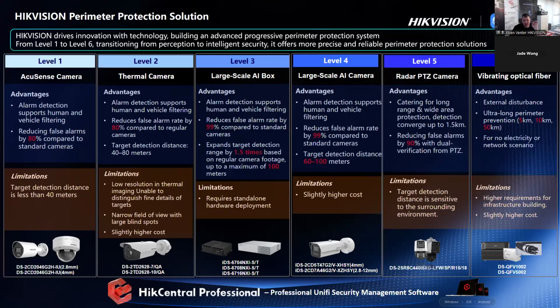Then we get into the large scale AI cameras. In those large scale AI cameras, again, the technology is built into the cameras themselves and not the recorder. Then we also have radar and PTZs, and again the accuracy and distances they make use of.